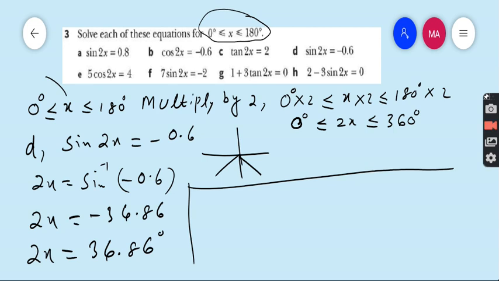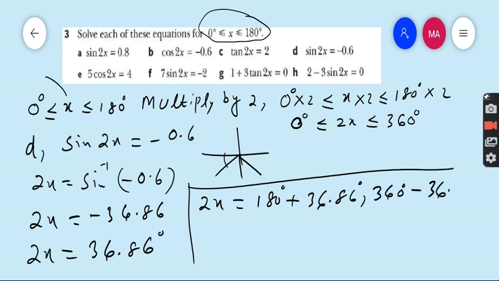Now, sine is negative in third quadrant, so 180 plus 36.86. This is the angle in third quadrant, and for fourth quadrant, this angle should be subtracted.